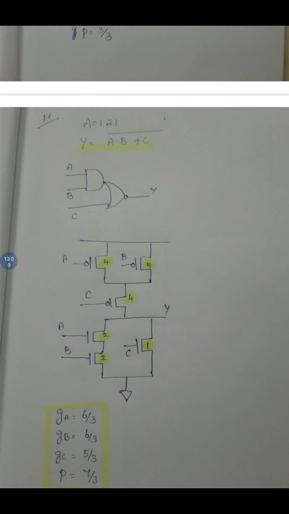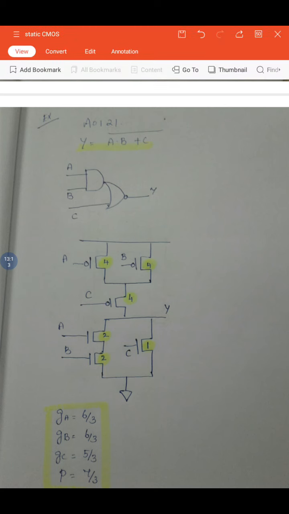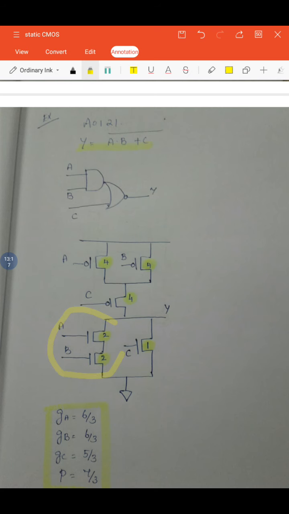So for the A dot B component, when you find the AND function, A and B must be connected in series. So I connected two NMOS with A and B inputs in series.